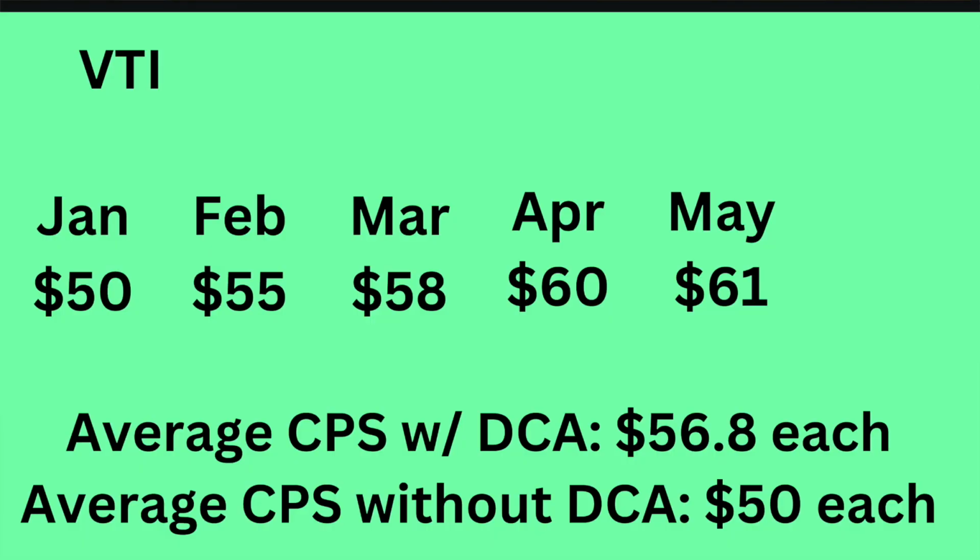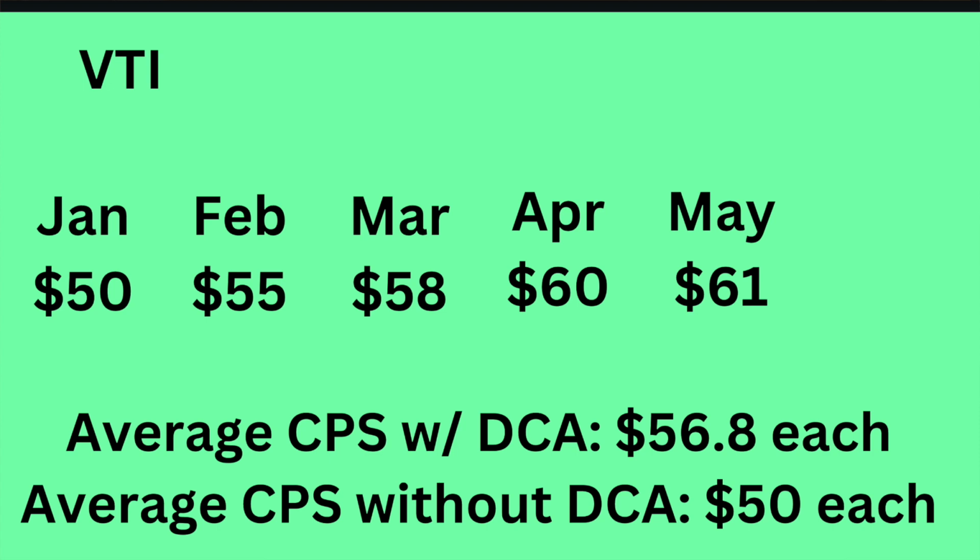But what if the stock were to go up over these 5 months? Then what would happen? Again, in this example, you're buying VTI over the course of 5 months. In January, you are starting at $50, goes to $55 in February, and March is $58. In April, it's $60, and May, it's $61. So over the course of the 5 months, VTI went up in price.